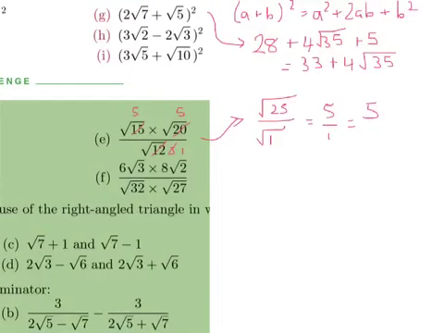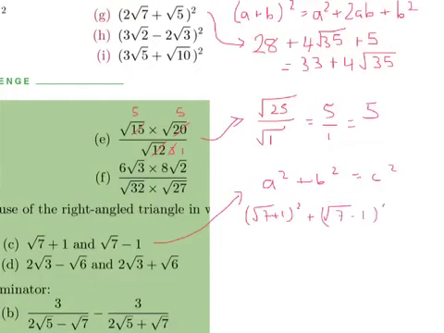Okay, we want to use Pythagoras' theorem to find the right angle triangle in which the two short sides are these lengths. So we know that a squared plus b squared equals c squared. So we want root 7 plus 1 squared plus root 7 minus 1 squared.